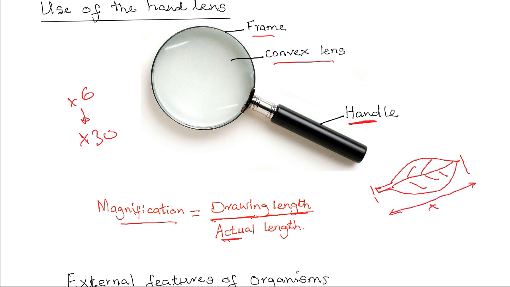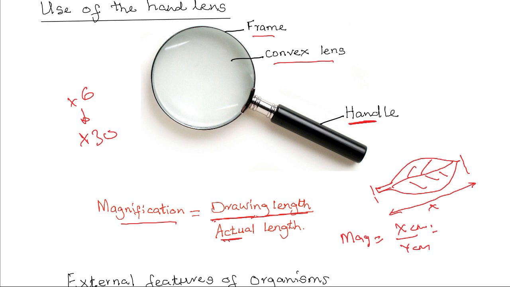Let's call it x. So using the formula, magnification is equal to x, say in centimeters. Then I also measure the actual length of the leaf that I've drawn. Let's call it y, in centimeters.